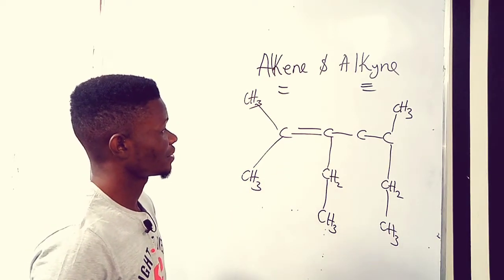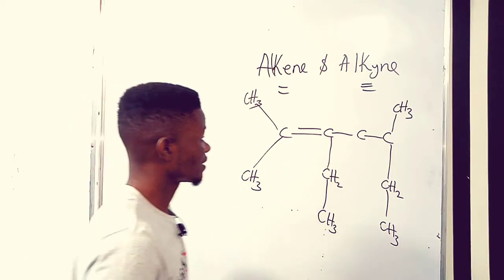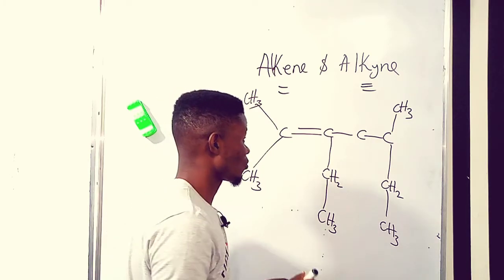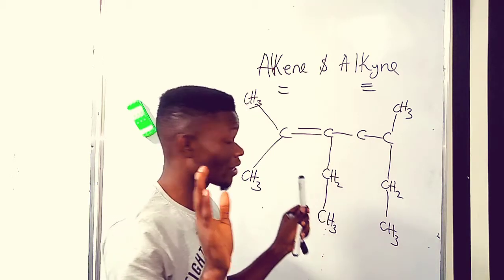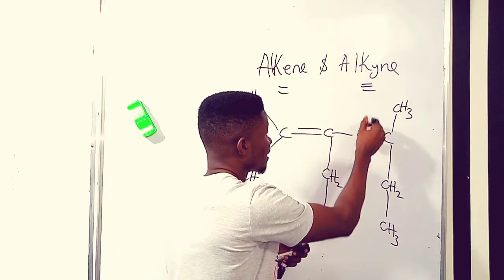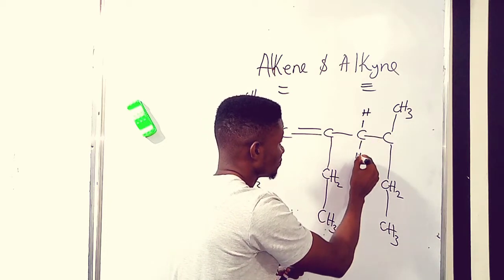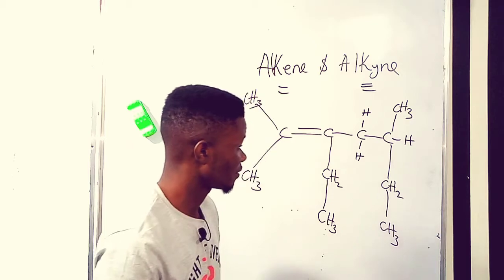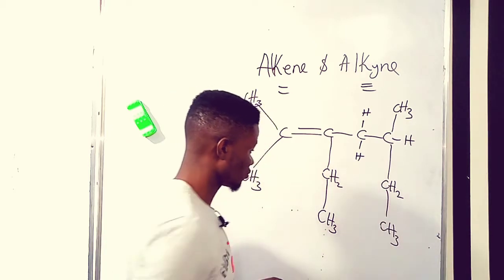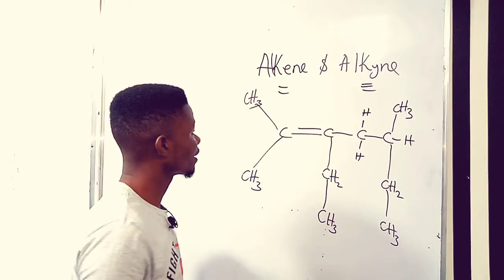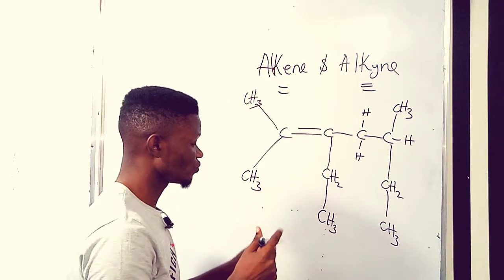It's as simple as any other thing, but can be a little bit complicated. What we must consider, let's look at our compound, our bonds are complete. This is 2, so we can have a hydrogen atom here. This is 1, 2, 3, so we can have a hydrogen atom here. This is 1, 2 plus 2 hydrogen, so that's okay. This is 1 plus 3, that is 4. Okay, this is correct.